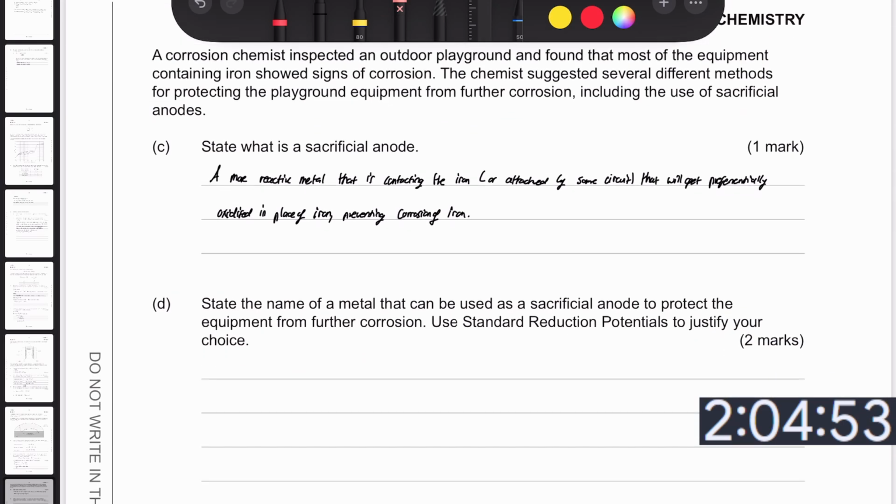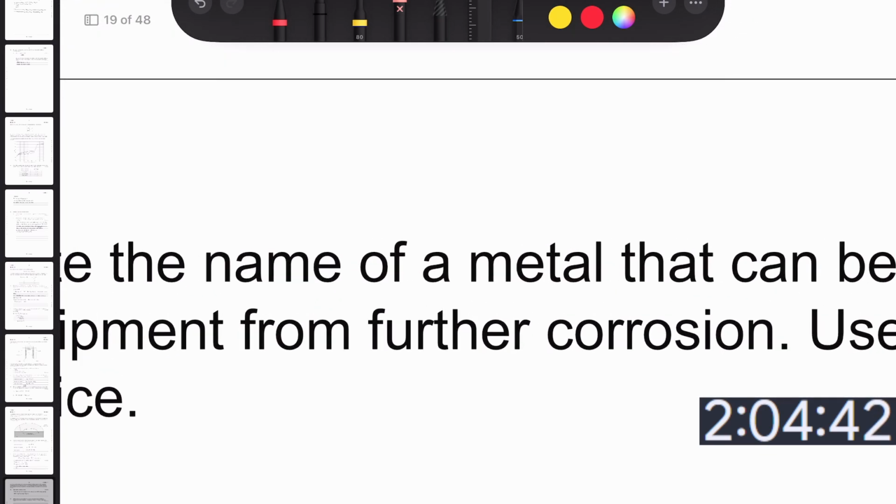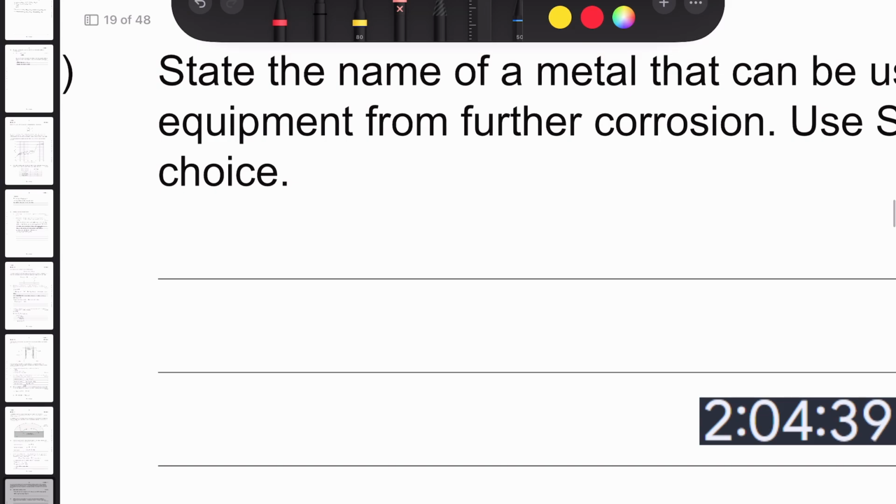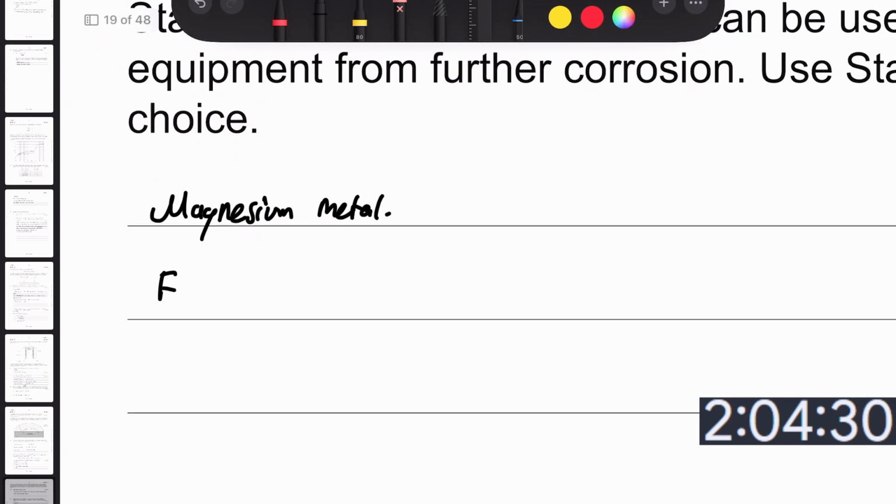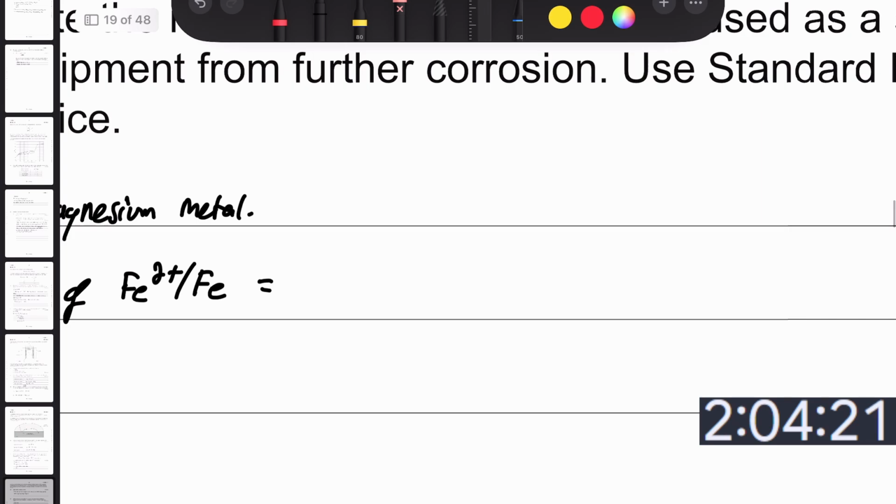Okay, state the name of a metal that can be used. Justify using standard reduction potential. Okay, so I just need anything lower than Fe. So I'll say maybe magnesium. Magnesium metal. Then E0 of Fe2+/Fe is -0.44 volts.